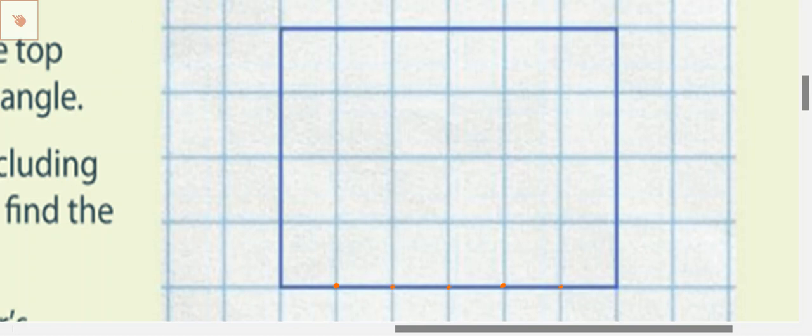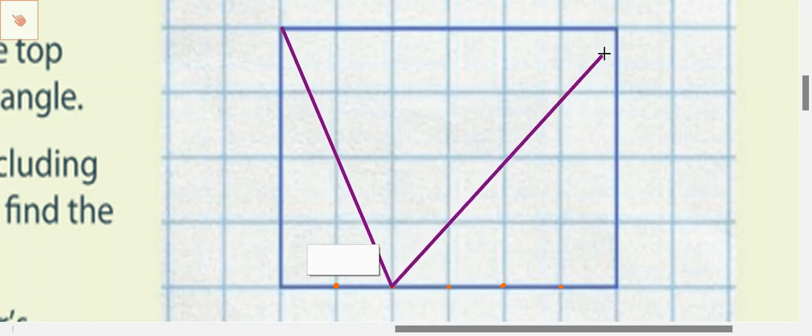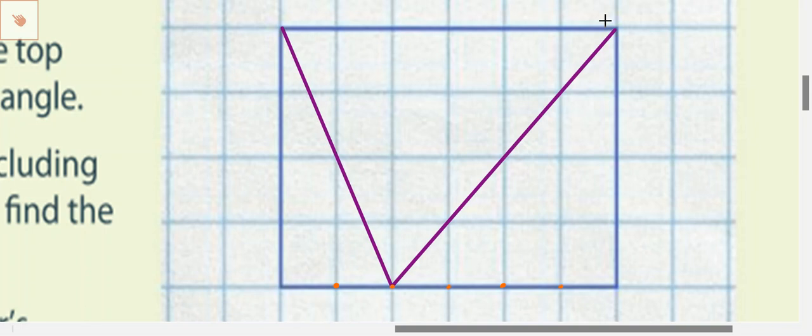I'm going to draw from that point basically up to the corner, and then up to the corner. And you create 1, 2, 3 triangles. But the triangle we're interested in is this one. And I want you to tell me how many squares are in that triangle.